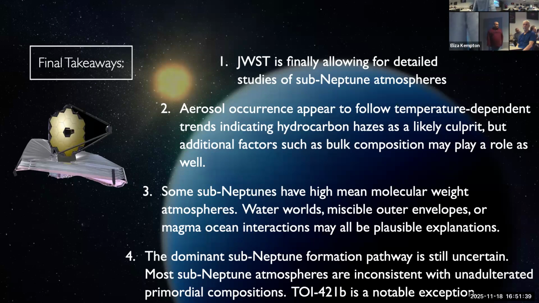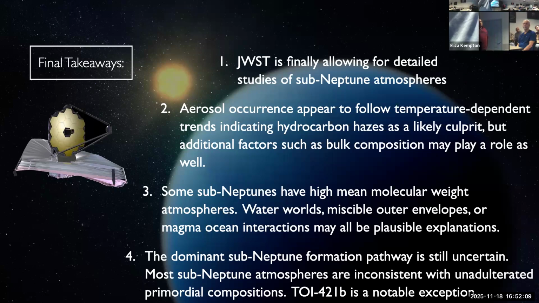So is it actually possible to mimic the conditions in the atmosphere of a sub-Neptune in a laboratory on Earth? Because of the great pressure and temperature involved. In the observable atmosphere, it is doable. So Sarah Hörst at Johns Hopkins has a haze chamber where she tries to form hazes at sub-Neptune-like compositions.